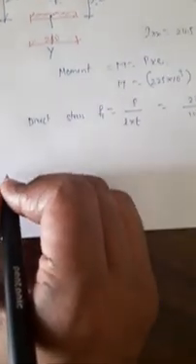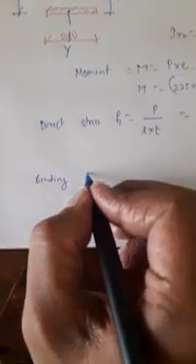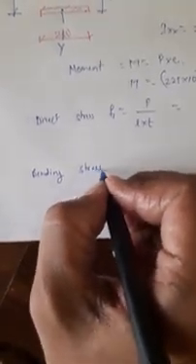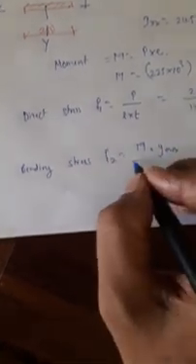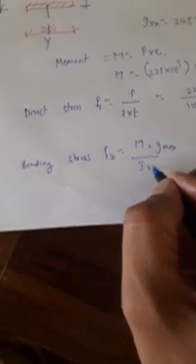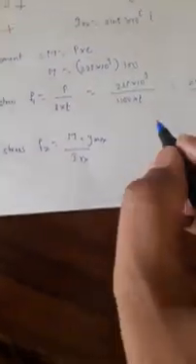Next, the load due to bending stress. Bending stress F2 is equal to M into Y max divided by IXX. This is the equation to find the load due to bending stress: moment M into Y max, where Y max is the perpendicular distance from the XX axis to the farthest point of the weld, divided by IXX.